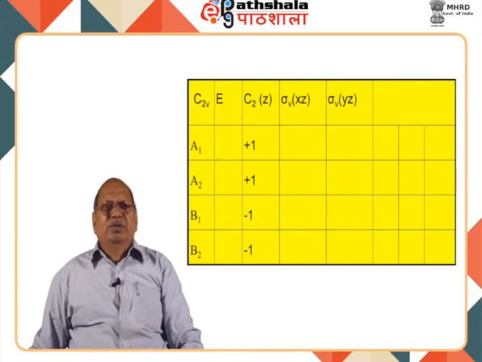A1, A2, B1, B2. Concentrating on A1, if we take the C2 axis, the character for A is +1 and for B it is -1. Here the C2 axis is the only rotation axis. The characters for irreducible representations A1 and A2, that is A type irreducible representations, chi is equal to +1, and the characters for irreducible representations B1 and B2, that is B type irreducible representations, chi is equal to -1.